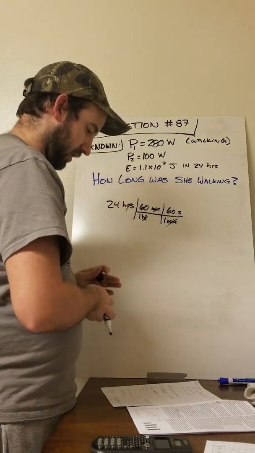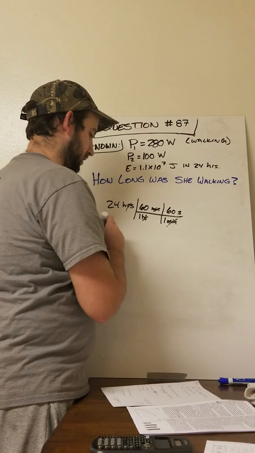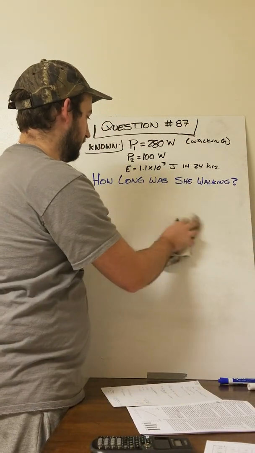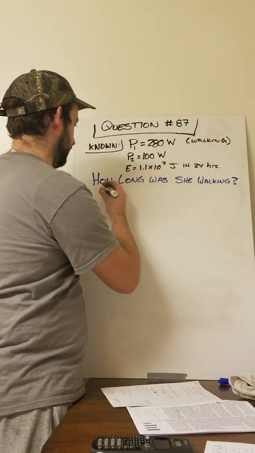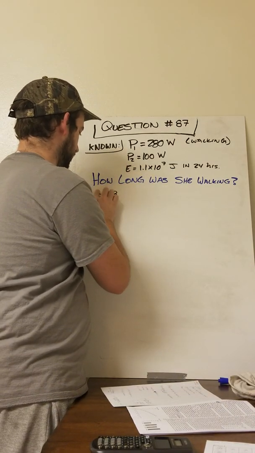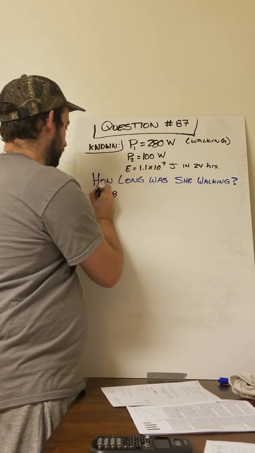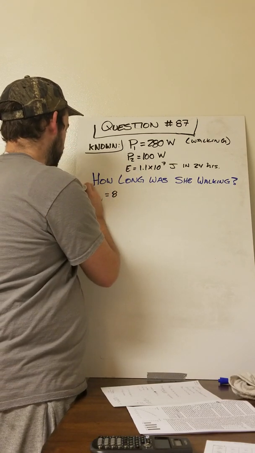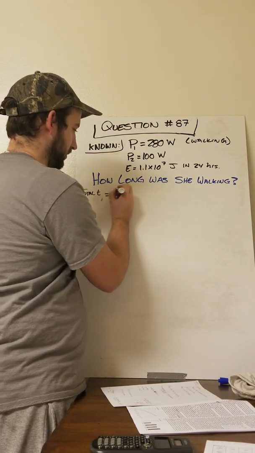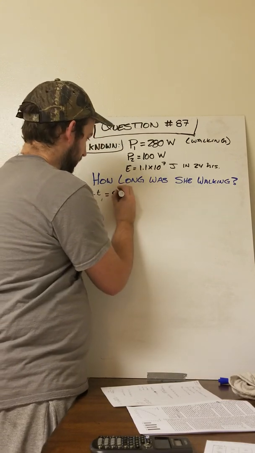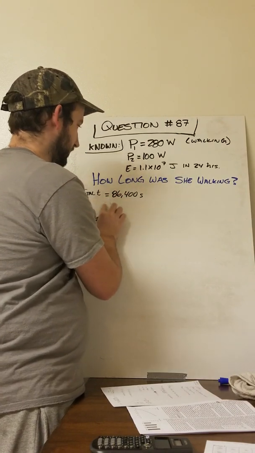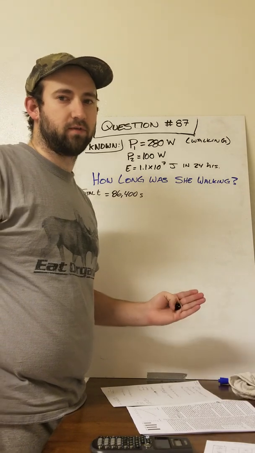So when we multiply that out, we end up getting that instead of 24 hours, the total time T equals 86,400 seconds.